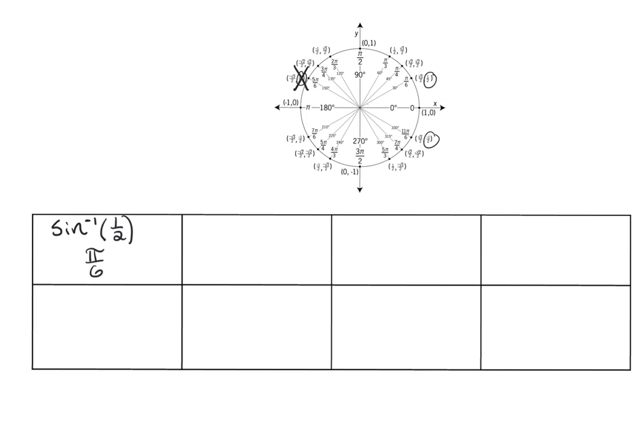Okay, the next one, it's inverse sine, but the inverse trig functions are also written this way. So we're going to call this arc sine. Arc sine and inverse sine mean the same thing. So arc sine of negative square root of 2 over 2. So which radian has sine at negative square root of 2 over 2?